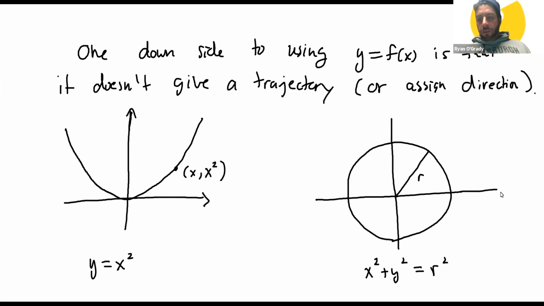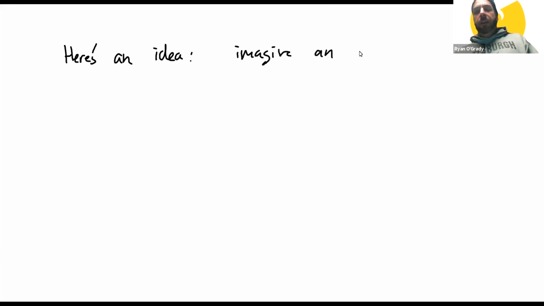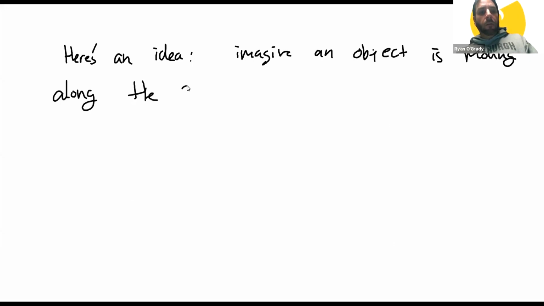So one way to do this is to think about a point moving along a curve. So here's the idea. Imagine an object is moving along the curve y equals f of x.